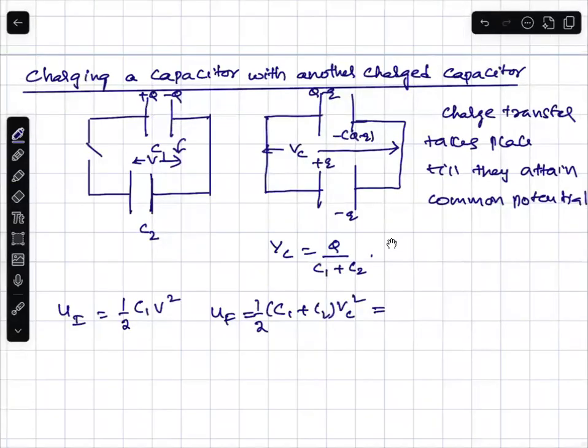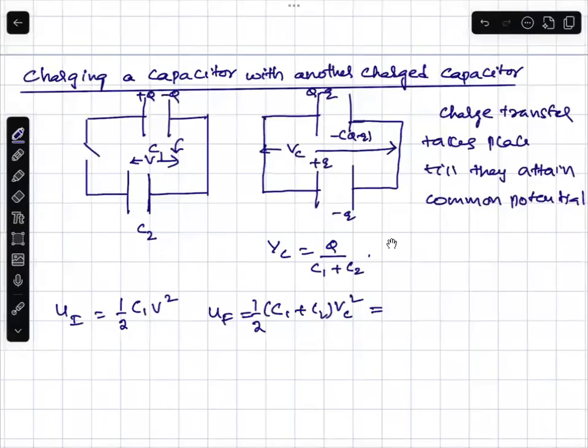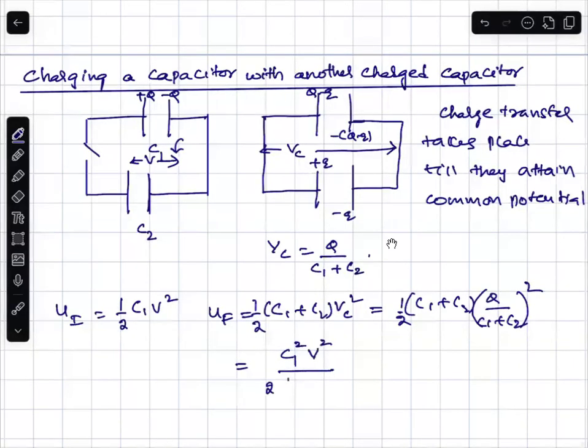V common is Q by C1 plus C2, whole square. This you can write, Q is nothing but C1V, so C1 square V square by 2 times C1 plus C2. That is finally stored.